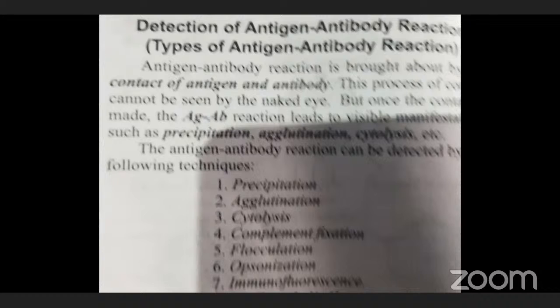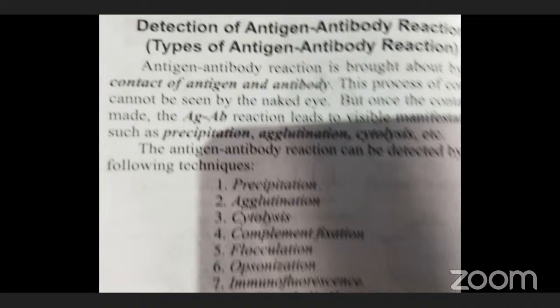Antibodies that bind strongly to the antigenic determinant are called high affinity antibodies. Next one is avidity. Avidity means the strength of the bonds after formation of the antigen antibody complex.